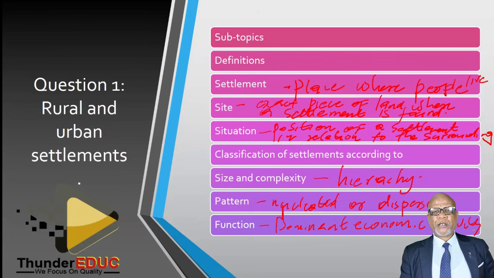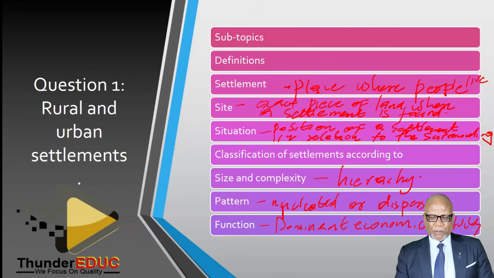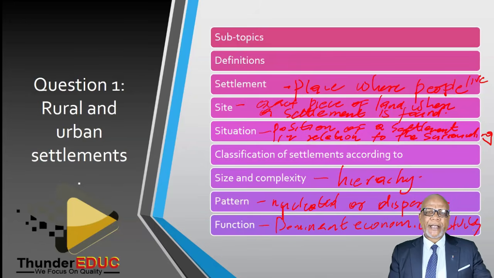If a question says a settlement is rural or is urban, and then asks for the classification, is it according to size, is it according to pattern, or is it according to function? You must know the settlement is called rural, not because of its size, not because of the pattern, but because of the function. What is function? Dominant economic activities. What are people doing in that particular settlement to earn a living?